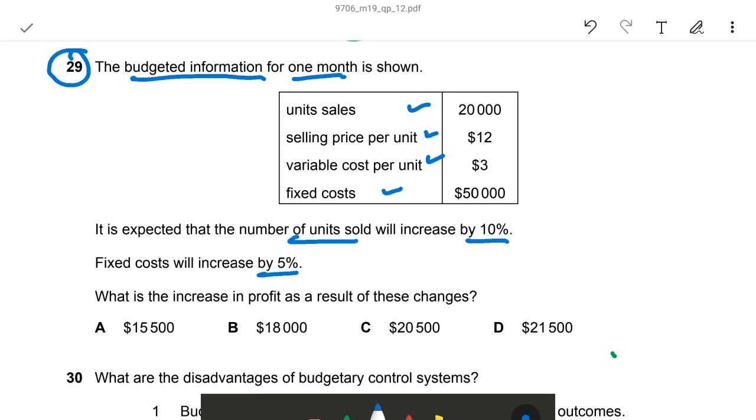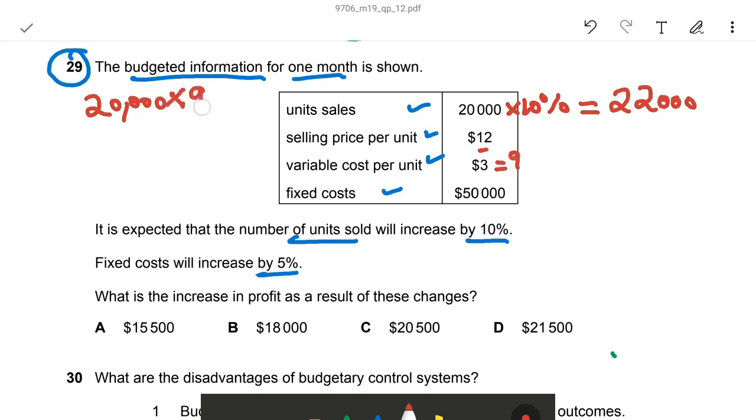So the budgeted sales is 20,000 units. With the 10% increase, 20,000 into 10% comes to 22,000. Then the contribution: selling price is 12, 12 minus 3, contribution is 9.